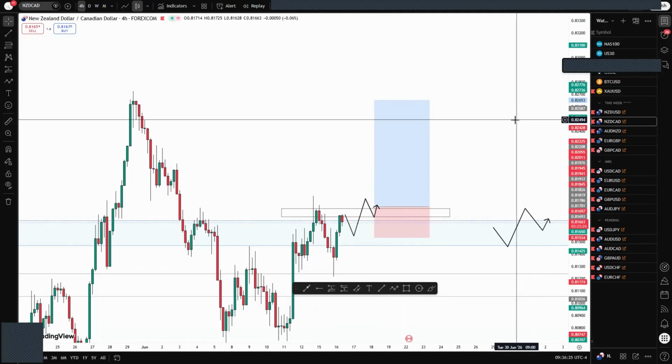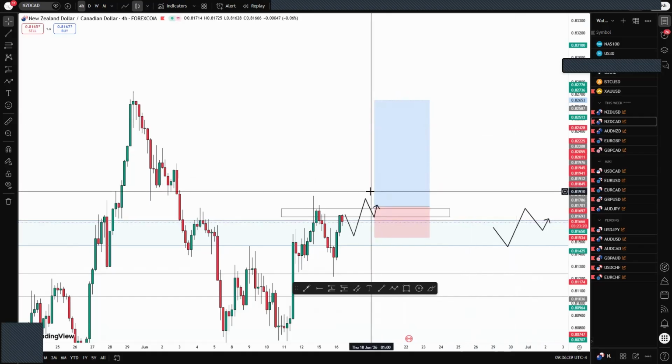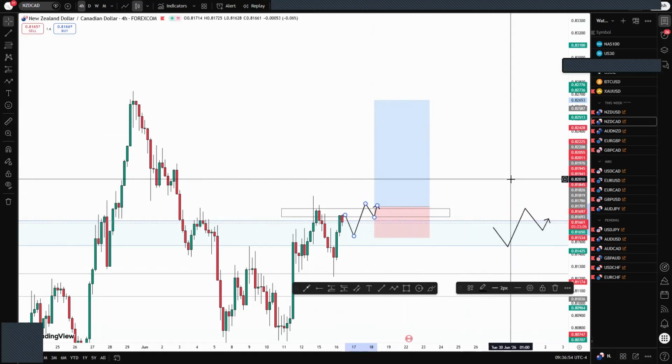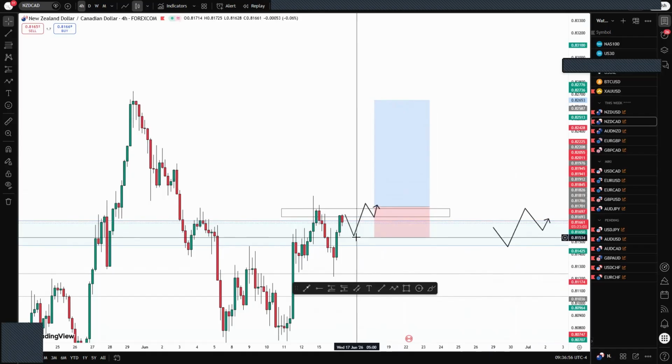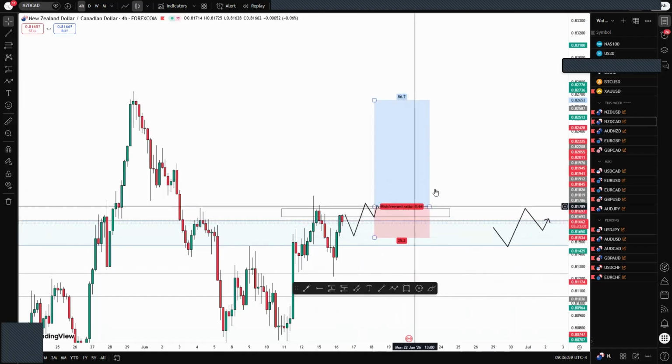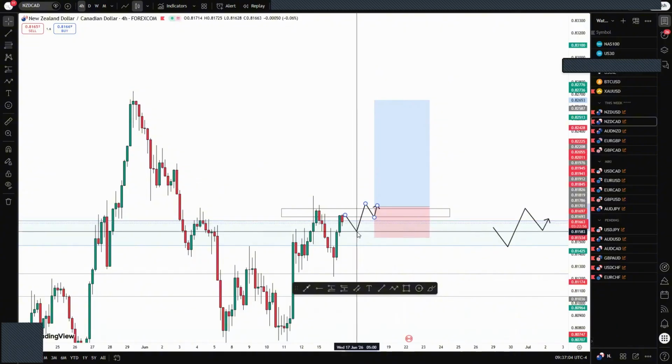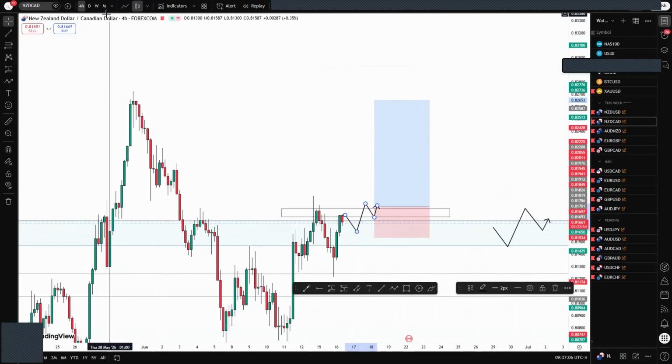So the thing is, we need the retest here. Let's see how the daily is looking.